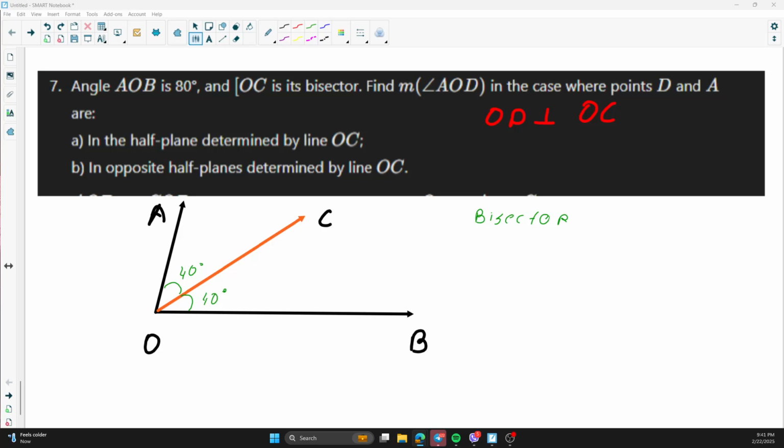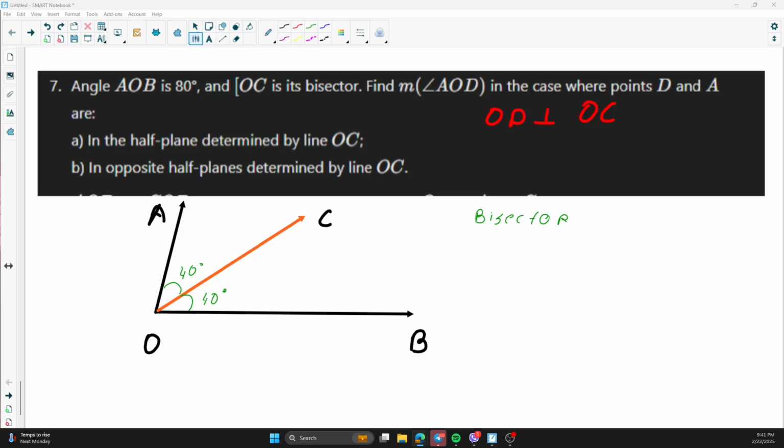Case A: D and A are on the same side of OC. OC is the bisector of angle AOB in the case where points D and A are on the same half plane of OC.